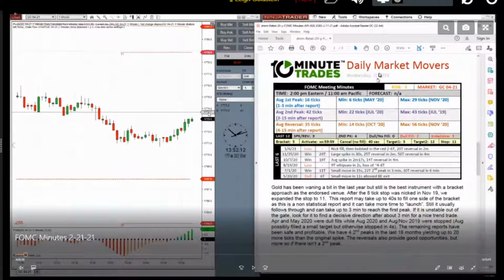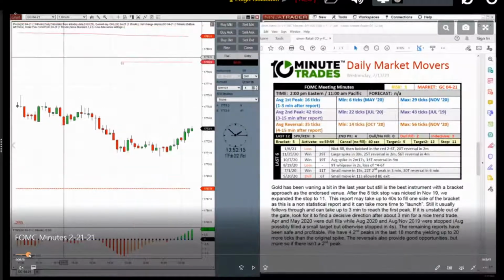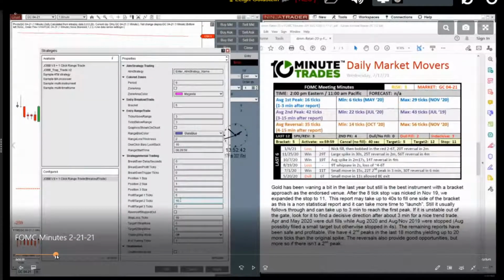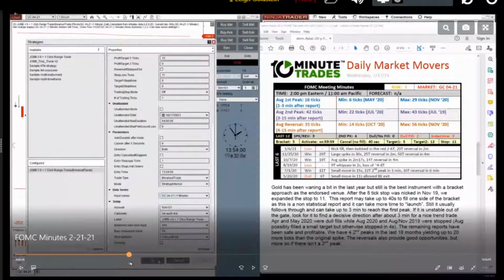The February daily market mover was a coin toss, okay? Coin toss. So this has a trade. This is a trade with a history of mediocrity at best.